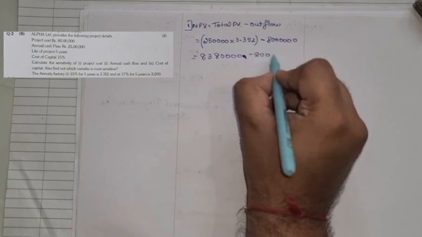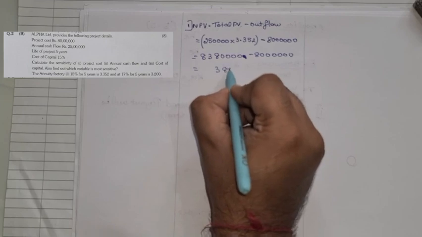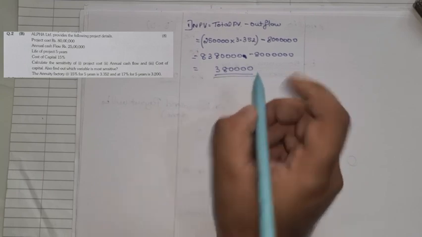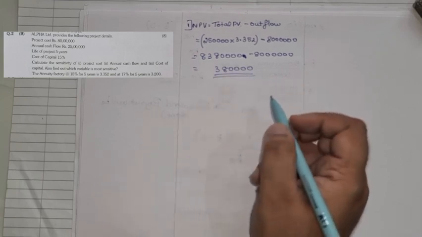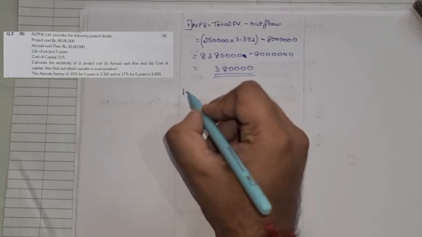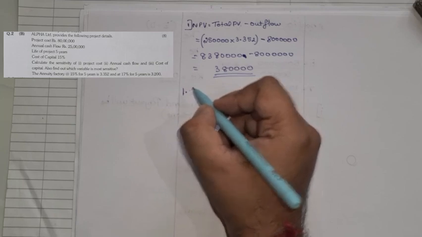Minus 80 lakhs, so we will get 3 lakh 80,000. So 3,80,000 is my NPV. Step number 1. Now, step number 2, that is the very first thing they're asking you to find. They're asking you to find the sensitivity.